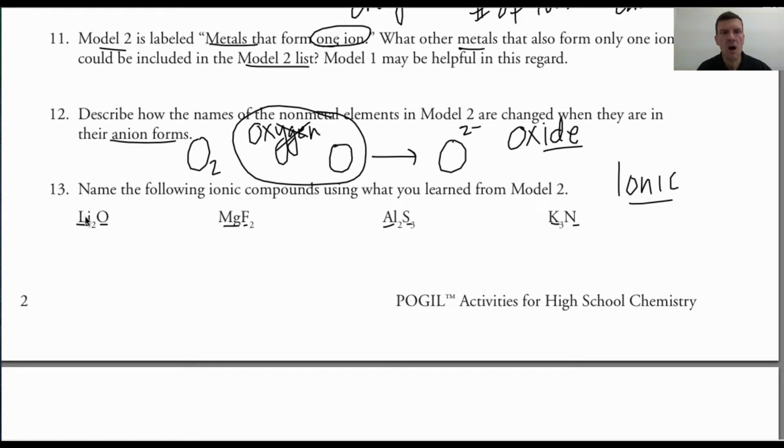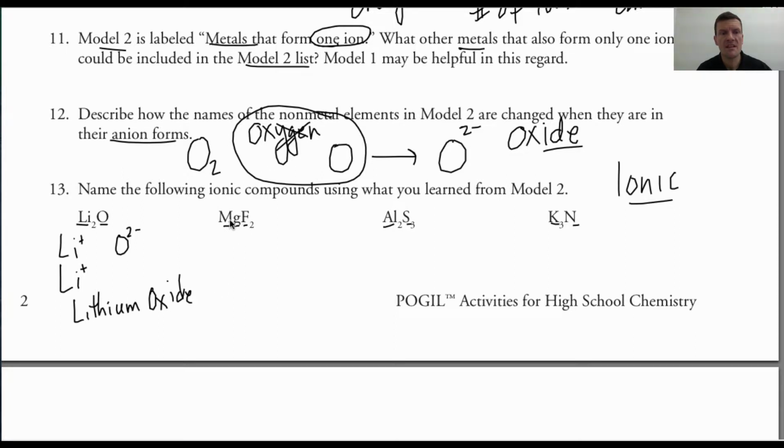It's always going to be Li2O. Why? Because Li, lithium, always forms a +1 ion. Oxygen always forms a 2 negative. That's why it has to be 2 lithium ions combining with the 1 oxygen to form lithium oxide, the name being lithium, and then oxygen, but change the ending to oxide.